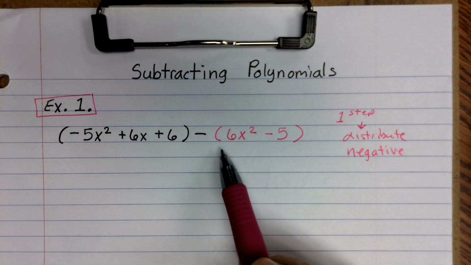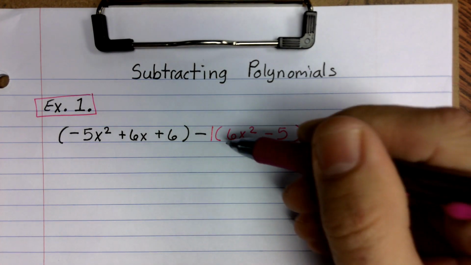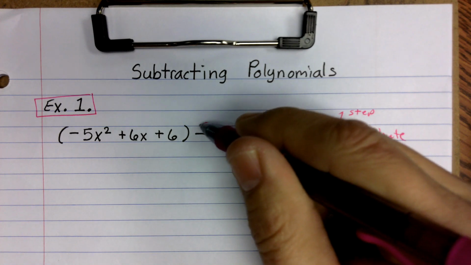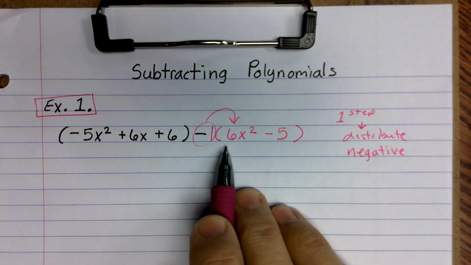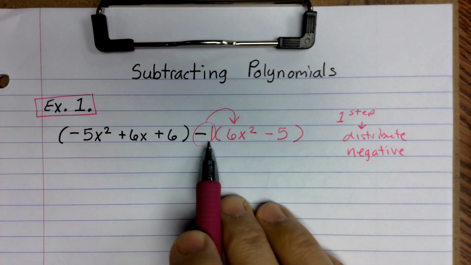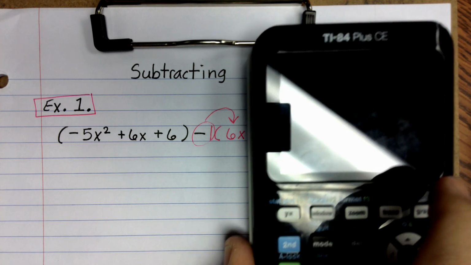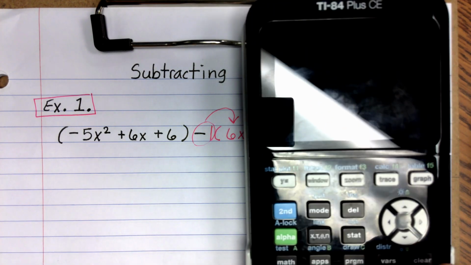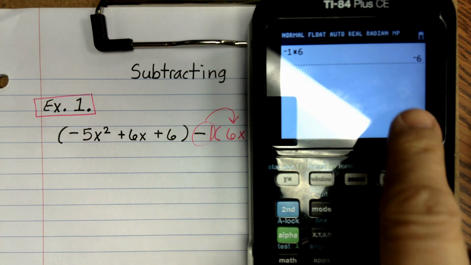Now, when we distribute this negative, imagine that there is an invisible 1 in front of every parenthesis. So we're going to distribute this negative 1 to 6x squared. Anytime you multiply a negative by a positive, it just turns negative. If you ever forget that and want to recheck it, you can always throw it in your calculator. For instance, I could do negative 1 times positive 6, and it just becomes negative 6.